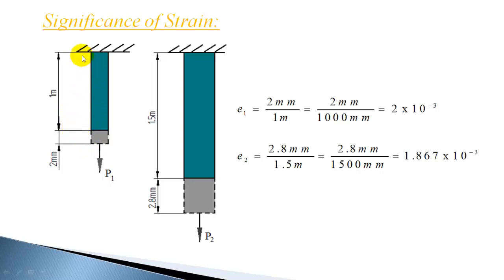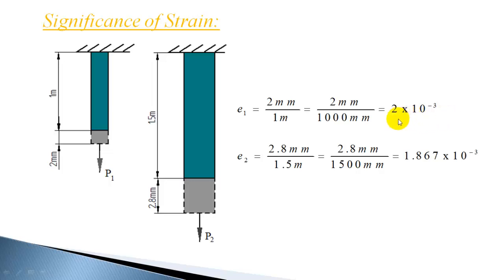What is the increase in length in 1 mm length of the bar? Due to this force, how much elongation takes place if you take 1 mm, that is unit length, of the bar? It is 0.002 mm. A 1 mm length will elongate by 0.002 mm.